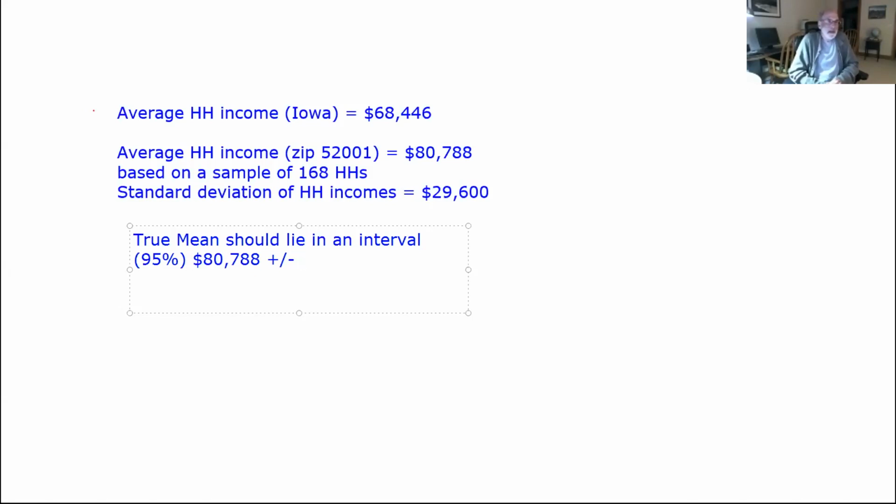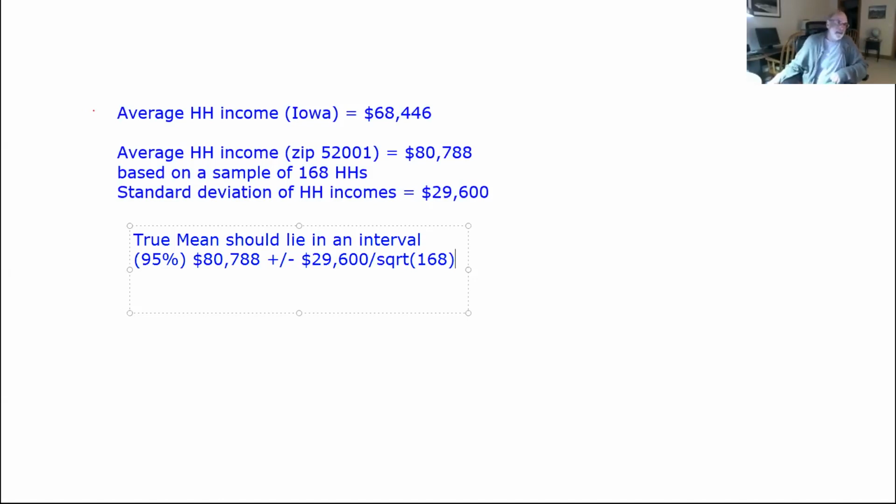Well, we already know the central limit theorem says the standard deviation for the sampling distribution, and that we have a sample mean here of 80,788, should be given by the standard deviation of the population divided by the square root of the sample size. So we could take the 29,600 divided by the square root of 168.